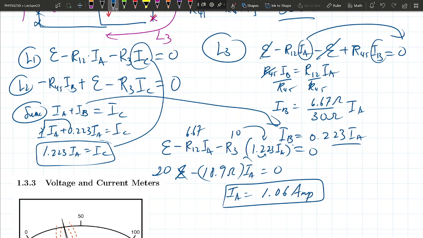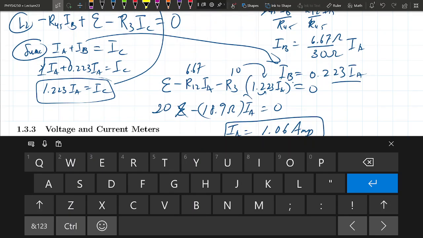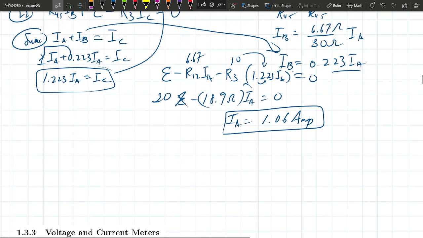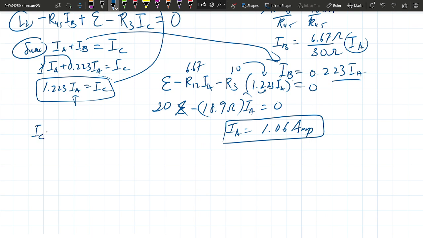So there's just a lot of algebra steps. Let's push this down a little further. Now that we have IA, all the other currents are actually pretty easy. If I plug this in here, I get IC. I plug that into here, I get IB. So let's just write those down. IC is just that same current, but a little bit bigger, times 1.223, because I plug in here.